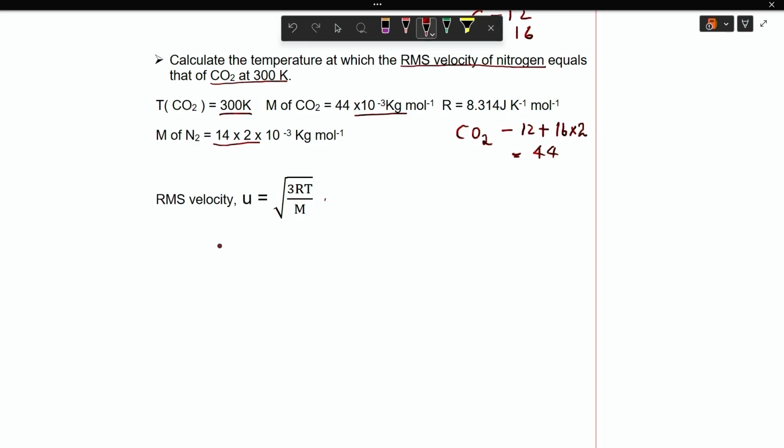Okay. So, what I am going to do is, I am going to write the RMS velocity U for nitrogen, that will be equal to square root of 3R temperature of nitrogen divided by molecular mass of nitrogen.